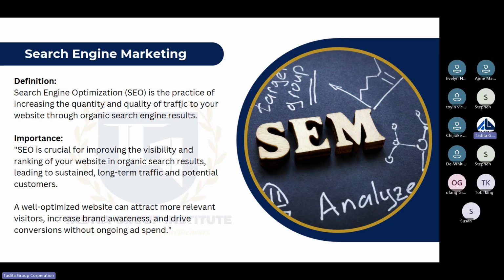All right. So, like I earlier mentioned, search engine marketing, popularly known as SEM, is a way of marketing where you focus all your attention on creating what we call website visibility on search engine platforms through creating these paid ads using the various search engine platforms.